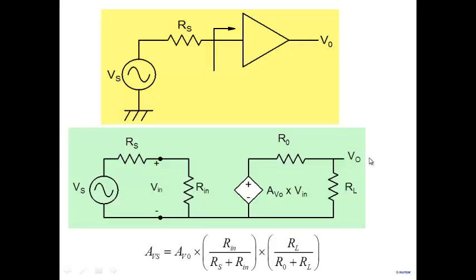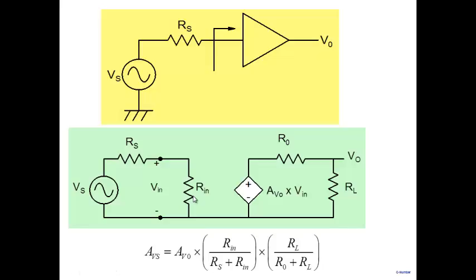So what you're looking for is an amplifier with a very large value of Rin. If Rin is very large, then the entire Vs will appear here, and then result in the output voltage. So for a voltage amplifier, we are looking for an input resistance which is as high as possible, ideally infinite. But all practical amplifiers would in general have a certain amount of resistance.